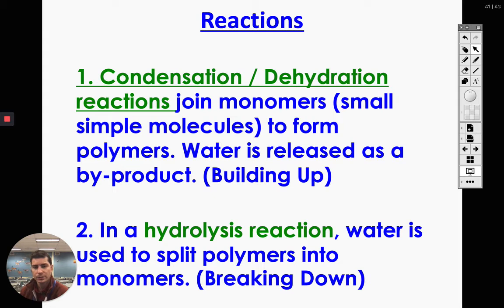You're going to take that fat that you stored wherever, and start cutting off some of those monomers one by one by one by one, and those monomers are going to be used. So what we're going to go over here, guys, is the reactions that are going to build up that fat, make it bigger, and the reactions that break down that fat.